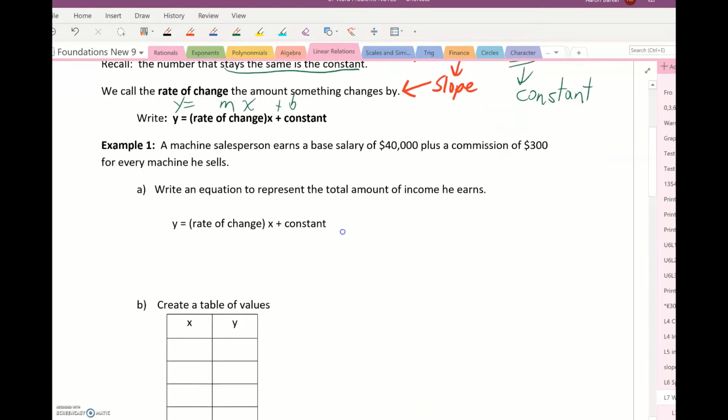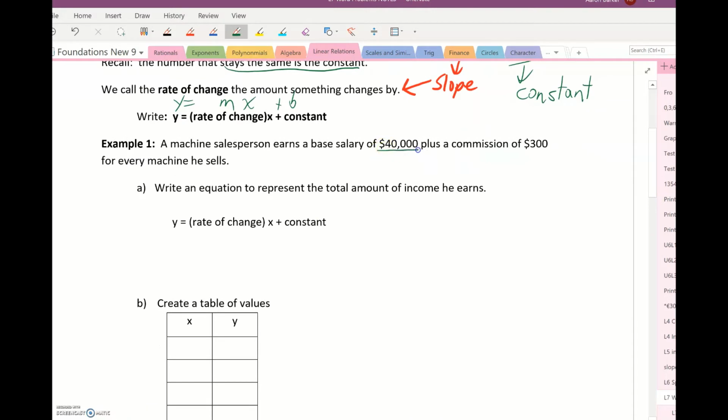So we have a base salary of $40,000 plus a commission of $300. A commission means money he makes on what he sells.